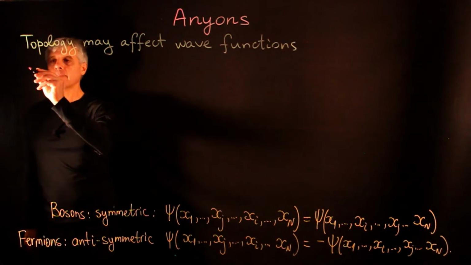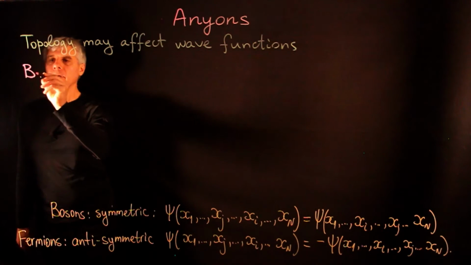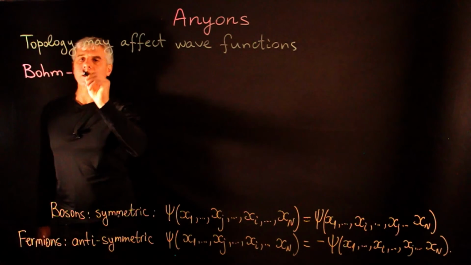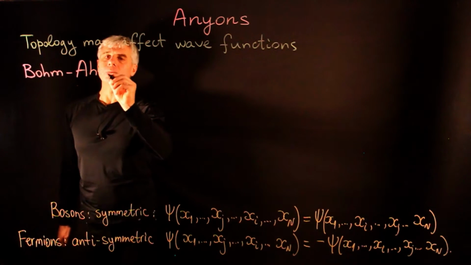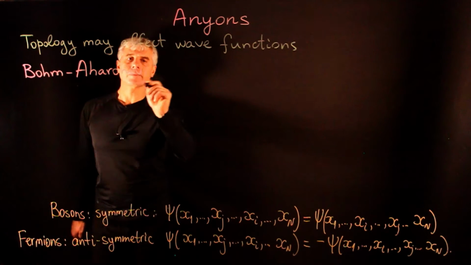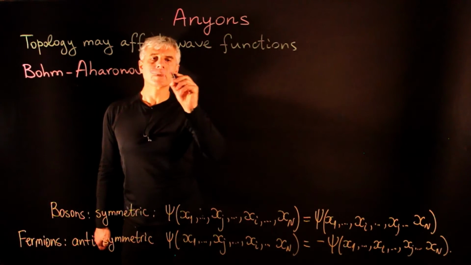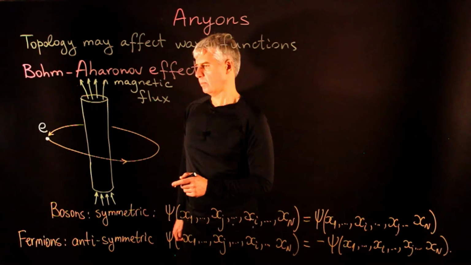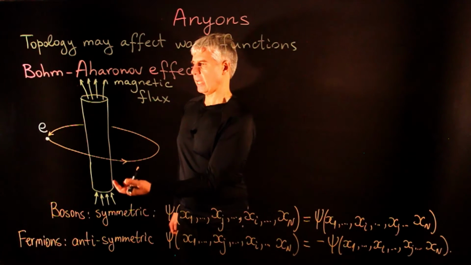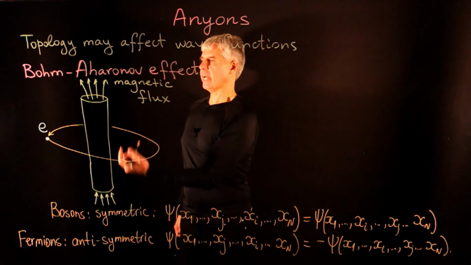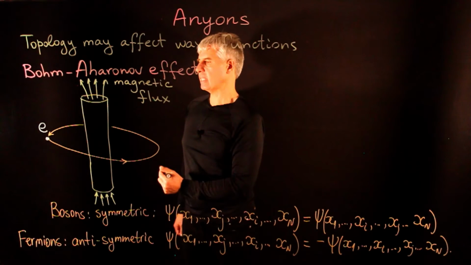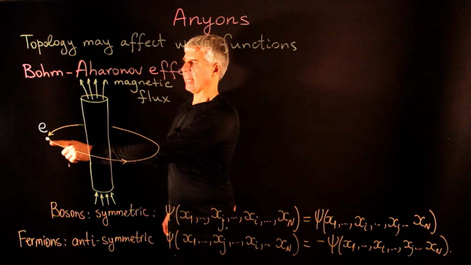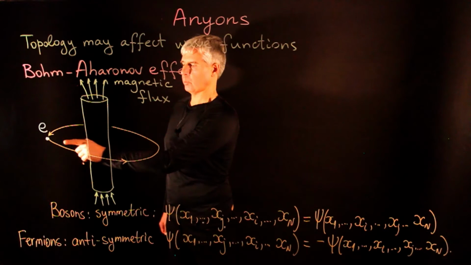This has been observed in the Aharonov-Bohm effect, which is the following. Suppose we have a tube inside which we have the flux of a magnetic field, and we have an electron outside of this tube.